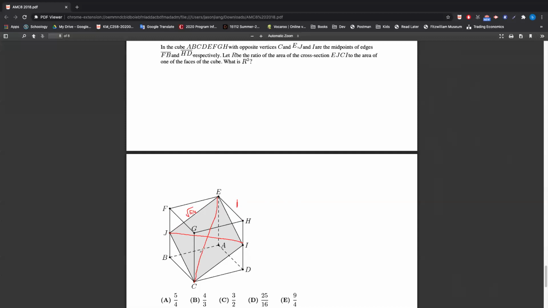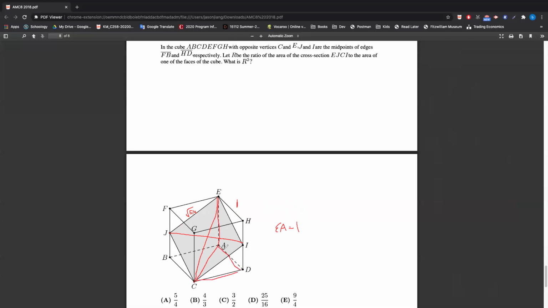Let's find the side length EC. That's going to be this triangle here. We're going to use this right triangle EAC. We know EA is equal to 1, and to find AC, we can use the Pythagorean theorem on triangle ADC.